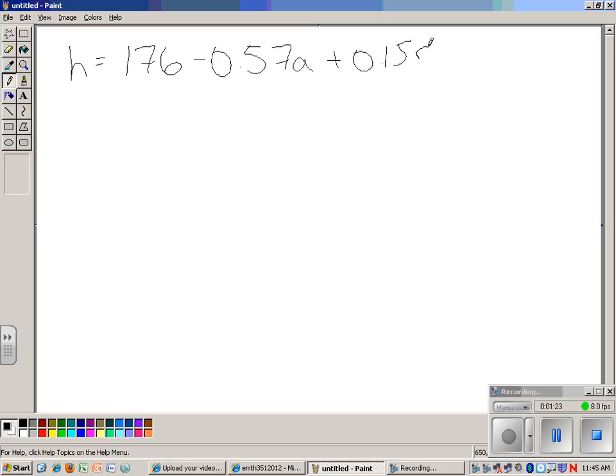H is 178 beats per minute. What we're going to do is gather the like terms. So we can move this over here, right? We can subtract 176 from both sides. So we get 2.